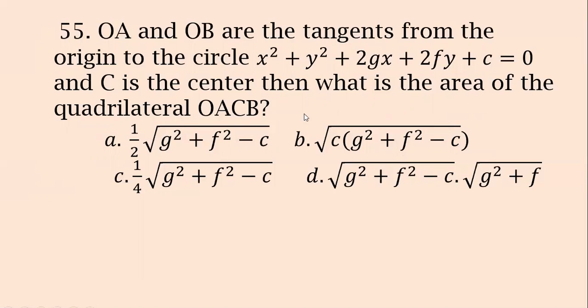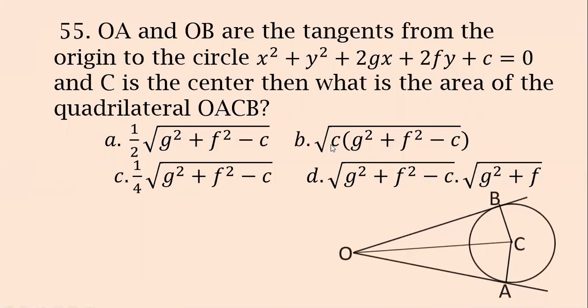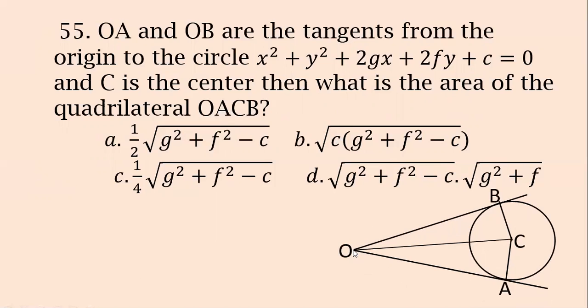Then what is the area of the quadrilateral OACB? So if we draw the picture, we will have a clear idea. See, this is the origin and this is the circle. We draw two tangents, OA and OB, and C is the center. So we have to find out the area of this quadrilateral.